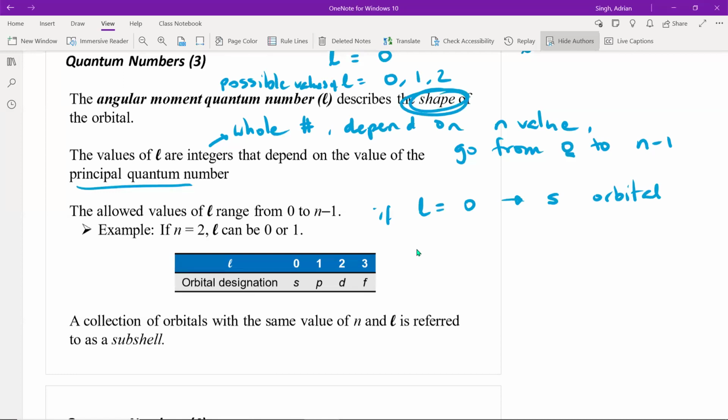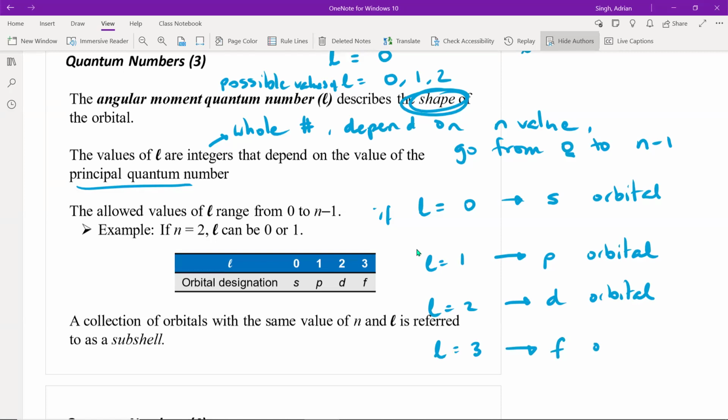If L is equal to 1, then we say that's a p orbital. If L equals 2, we say that's a d orbital, lowercase. These are all lowercase. And if L equals 3, we're talking about the f orbitals, and a collection of orbitals with the same value of both n and L, those are known as subshells.